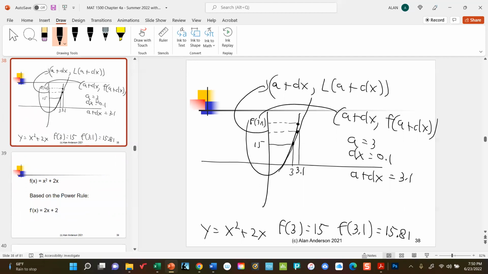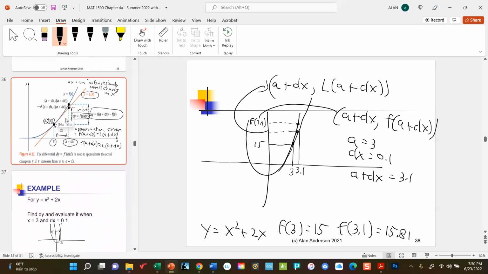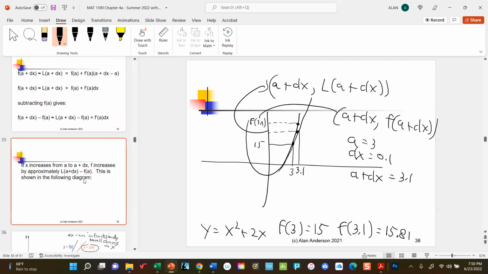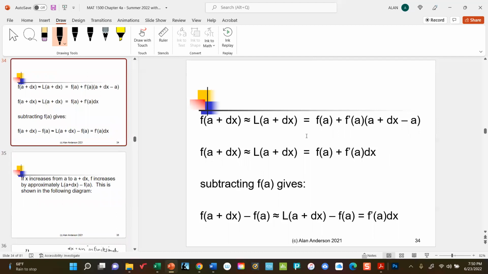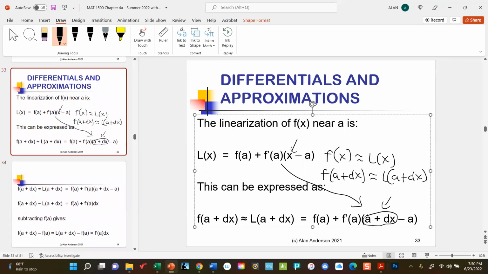But as far as the approximation goes, let me just copy it here.